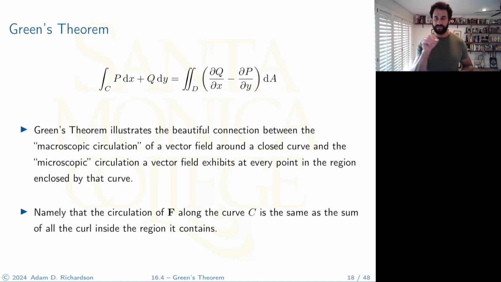So if you want to know how much a vector field is circulating around a curve, you can add up all the individual microscopic circulation inside, as long as your region is a simply connected region, right? That's the idea.